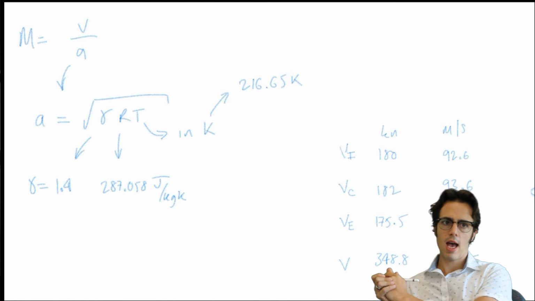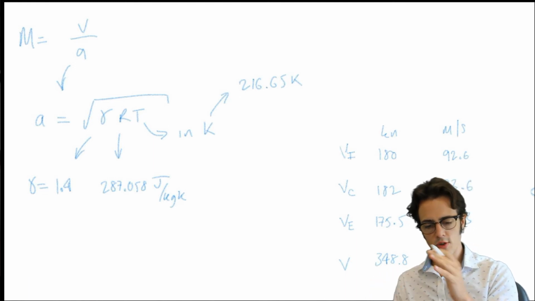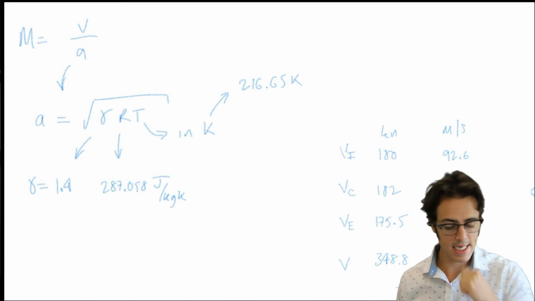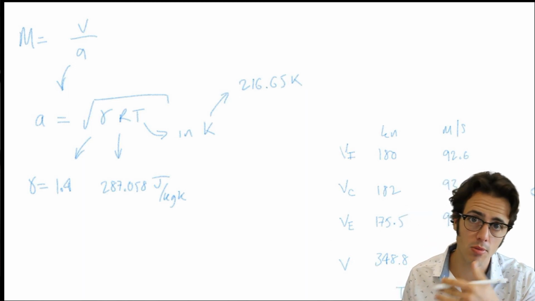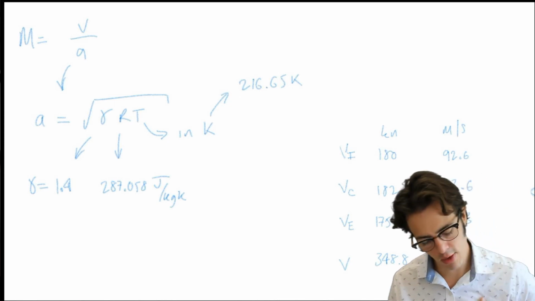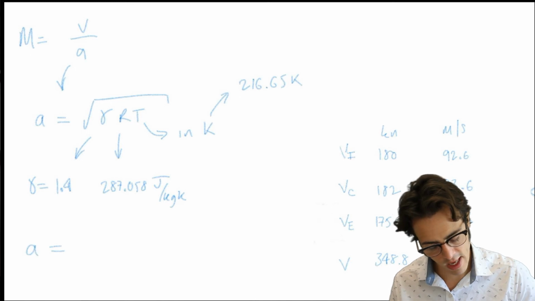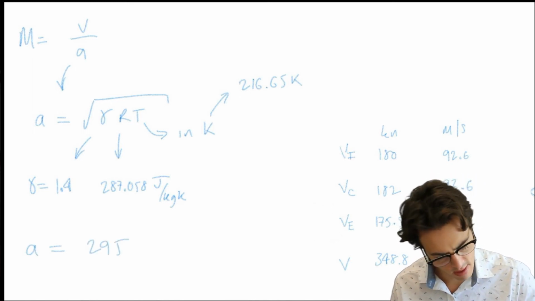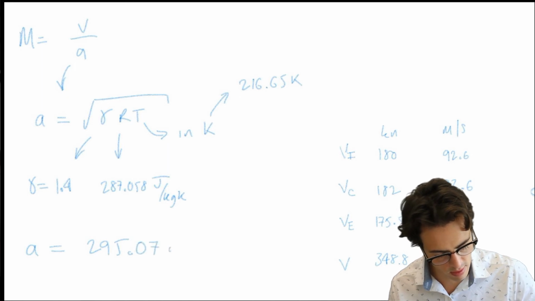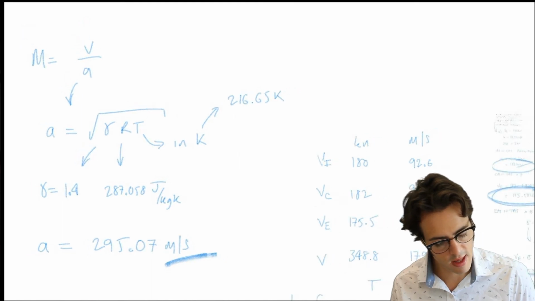I used ambiance to get it, and then the part that I got out, I did dot temperature, and that gives you the temperature in Kelvin. So use that, or you can use the tables to interpolate again. You'll get the same answer. But if we put all of these things in here, we get the speed of sound at that altitude is 295.07 meters per second.